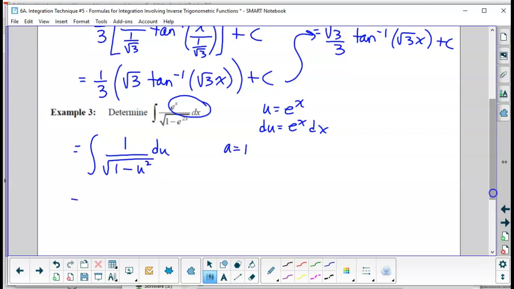So it's going to be A, which is 1, which you don't even have to show, and then inverse sine of our variable, which is u in this case, over 1. Again, we'll simplify that because you don't have to show that. So this, then we just need to substitute back in because we need it in terms of x. So that's going to be inverse sine of e to the x plus c, or arc sine. Okay, and that's it.